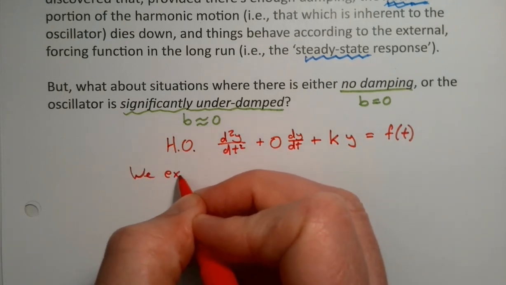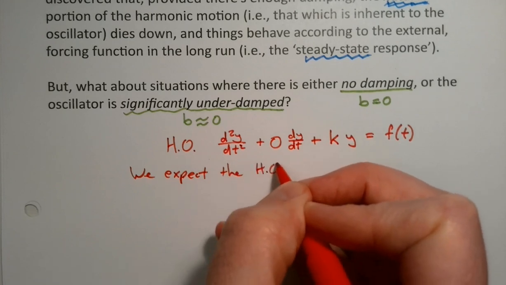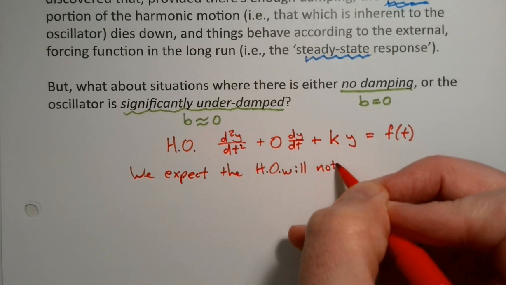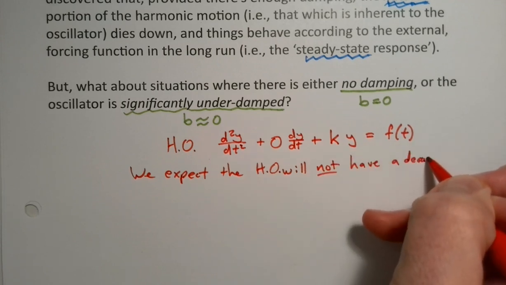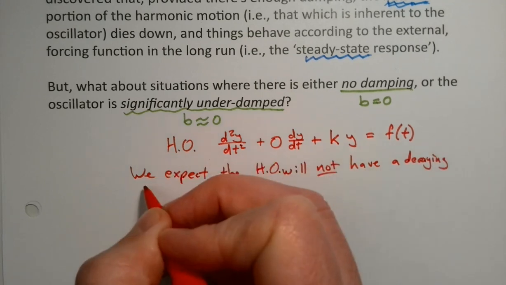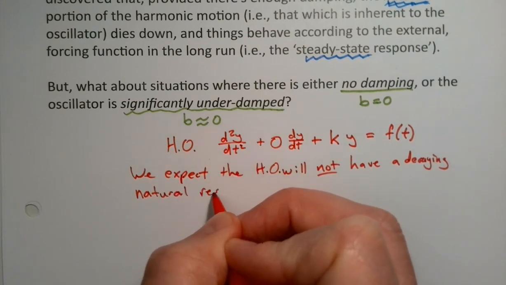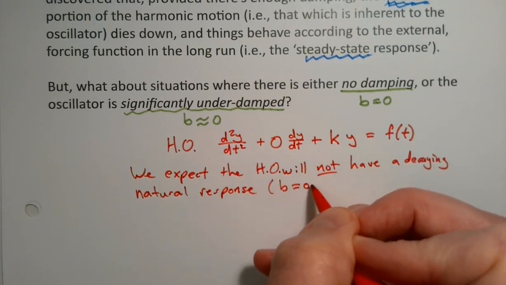We expect the harmonic oscillator will not have a decaying natural response. That's because B equals 0.